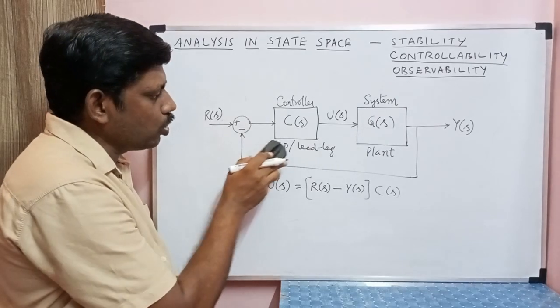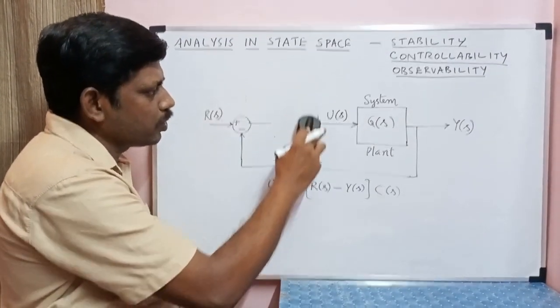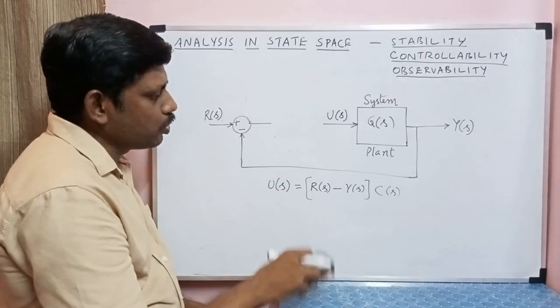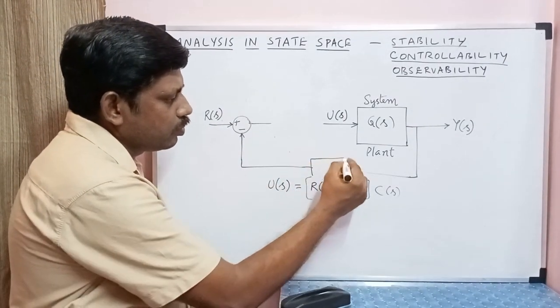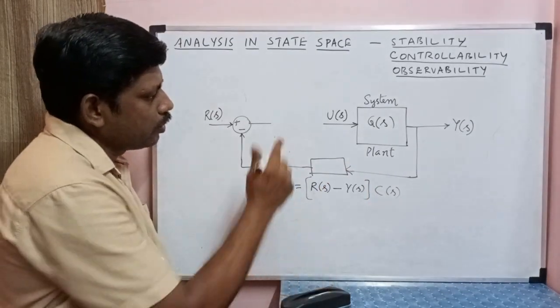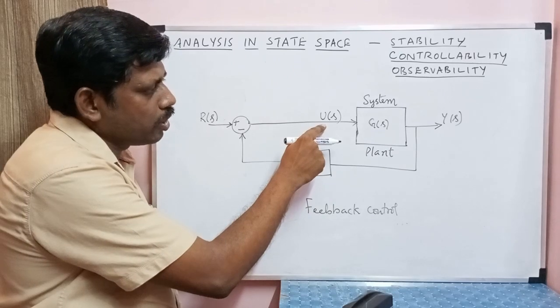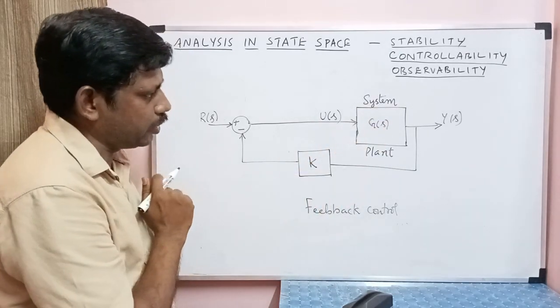In this, what we will do is, we will shift this controller from the forward path to the feedback path. I put the controller in the feedback path. And this also gives a manipulated input to the system or plant.